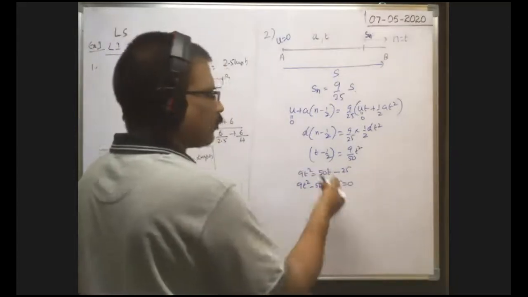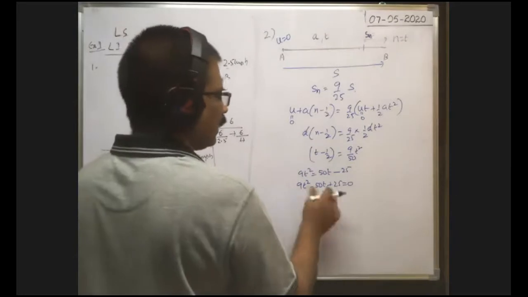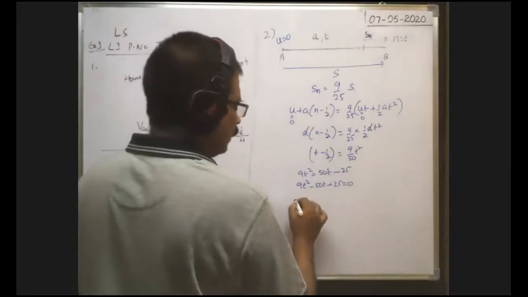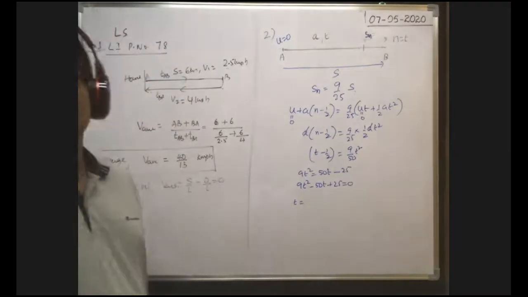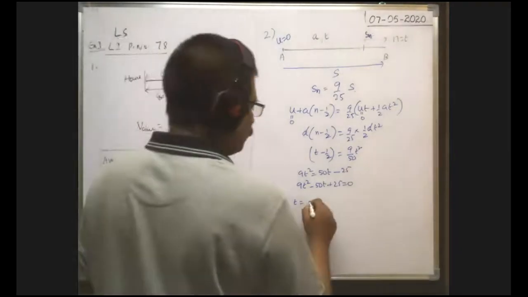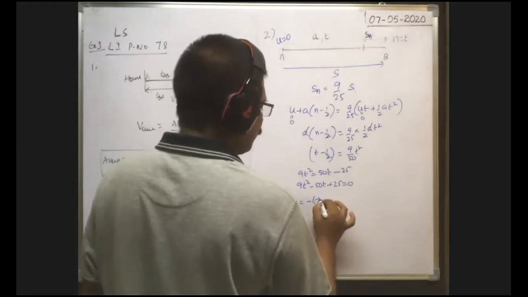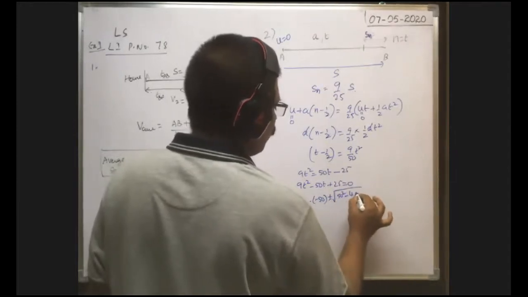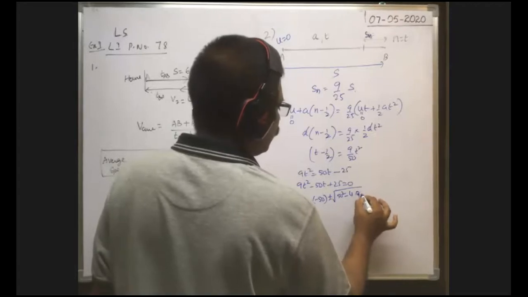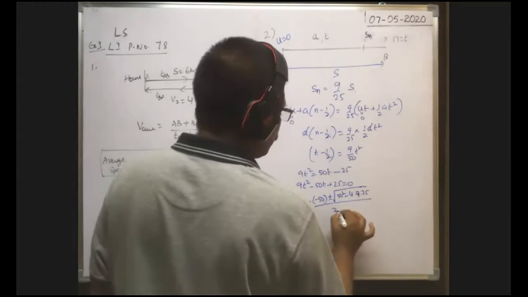Now we are having a quadratic equation, so we cannot get the direct roots. That's why T is equal to minus B plus or minus square root of B square minus 4AC, by 2A formula. When you apply them, B means minus 50, plus or minus square root of minus 50 whole square, that is 50 square, minus 4 into A means 9 into C means 25, whole by 2 into A, that means 2 into 9.